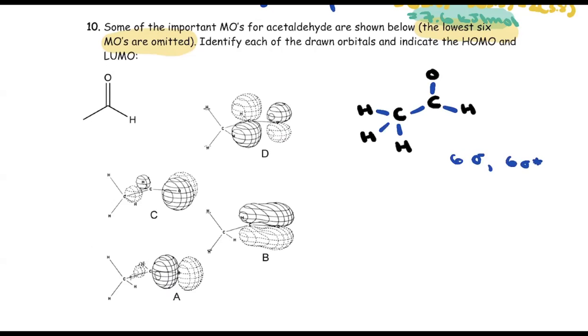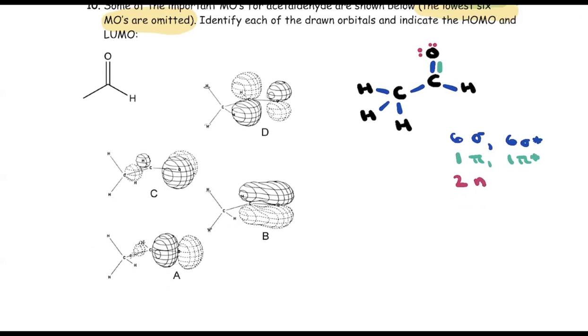Okay, then sigma, I'm sorry, for pi, we're only going to have 1. And then for non-bonding, you're going to have 2. Okay, so now let's see how the order for this is going to look.